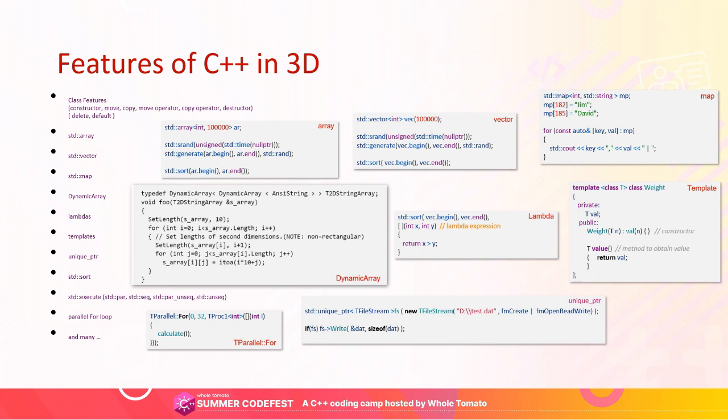Actually, these are only a few examples, since C++ has many powerful features, of course. And there are more features in C++20 and C++23 coming. And you can use all of them very efficiently in memory and CPU management.